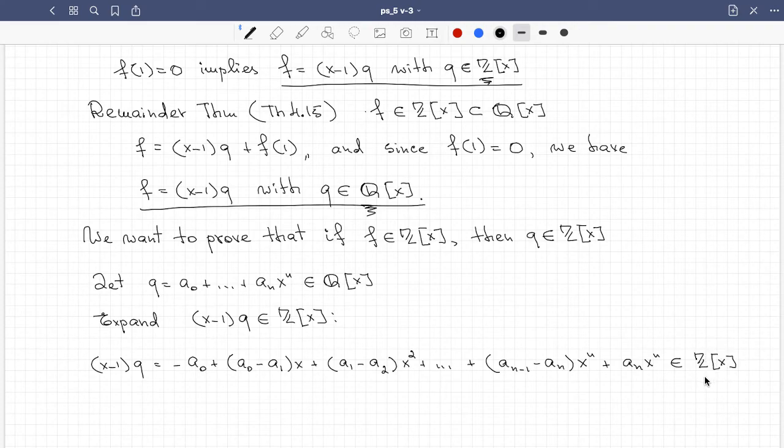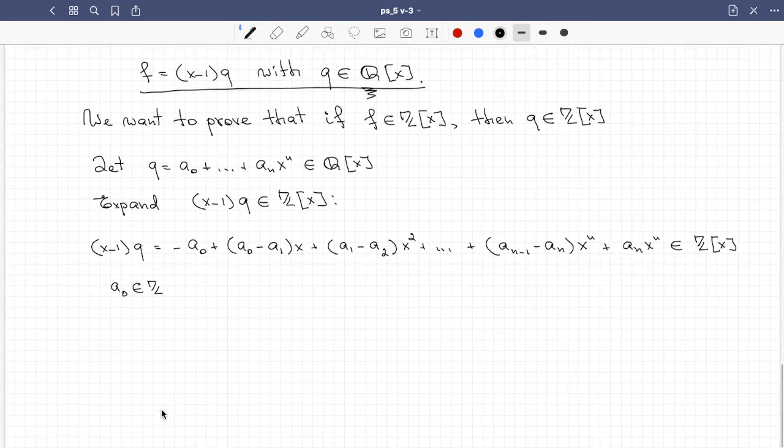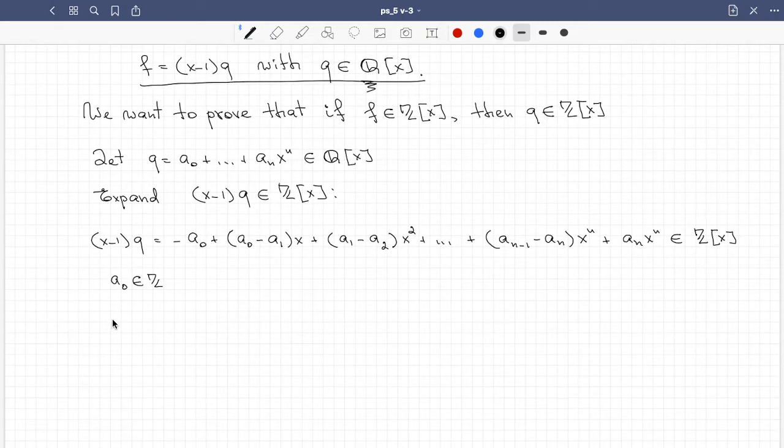What does it mean? This means that negative a naught is an integer, so a naught is an integer. This also means that a naught minus a1 is an integer. But we already know that a naught is an integer.